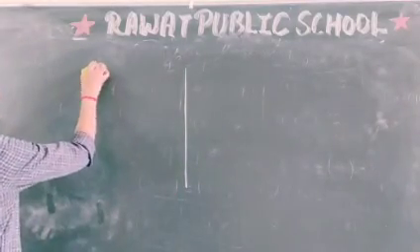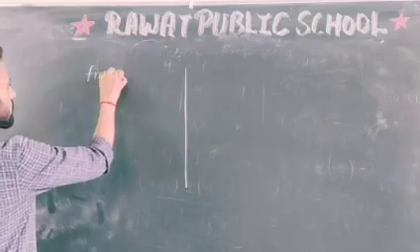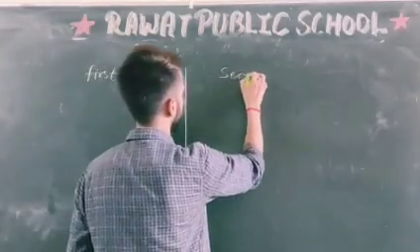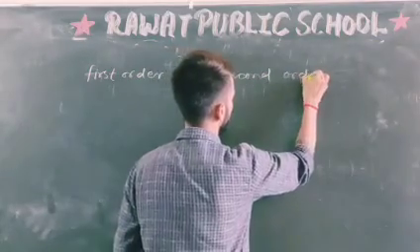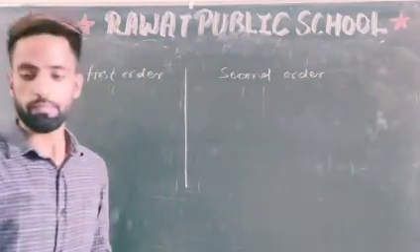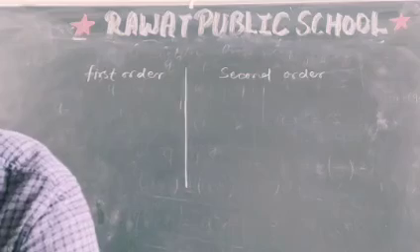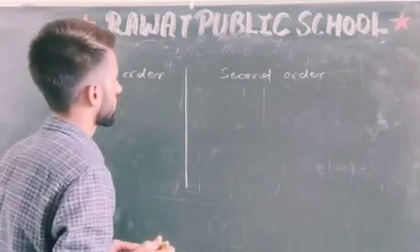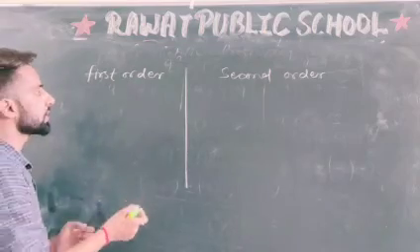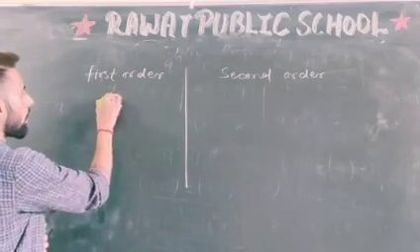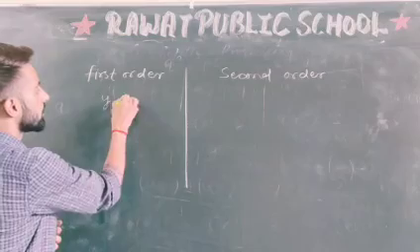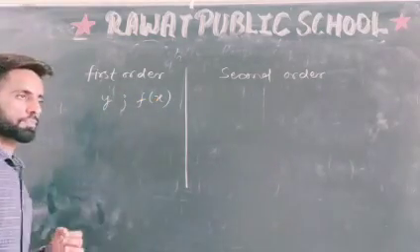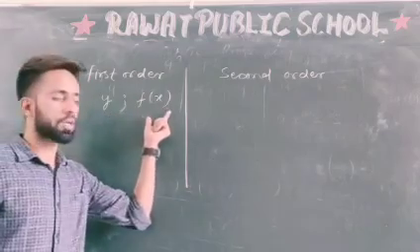This is first order and this is second order. So if I say a question is like y or f(x), the question can be written either as y or f(x).